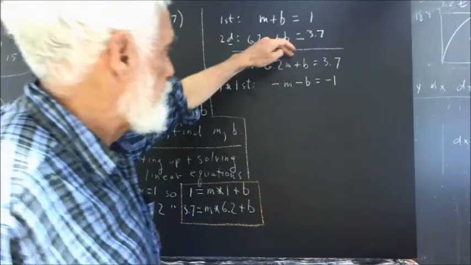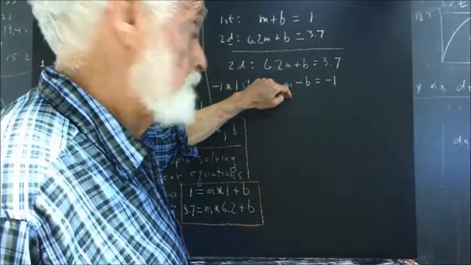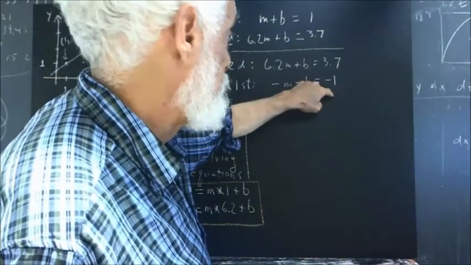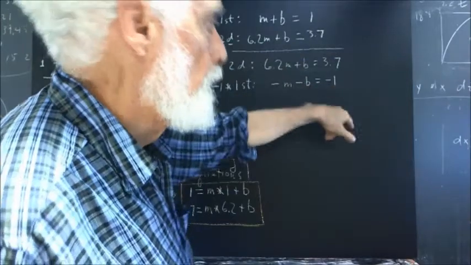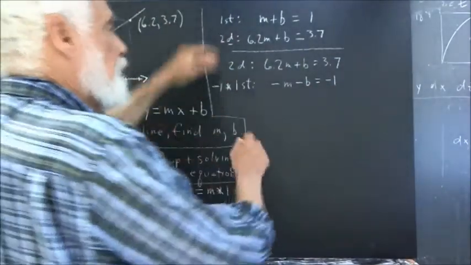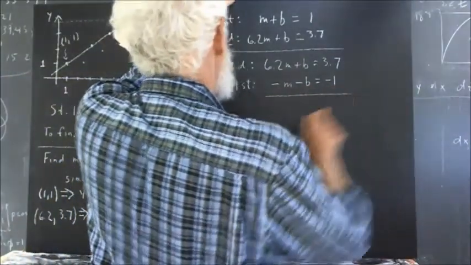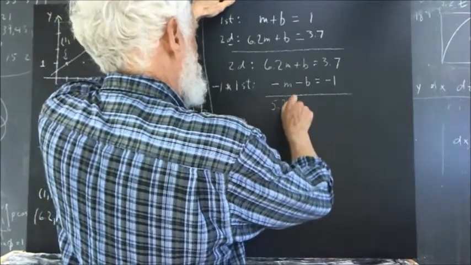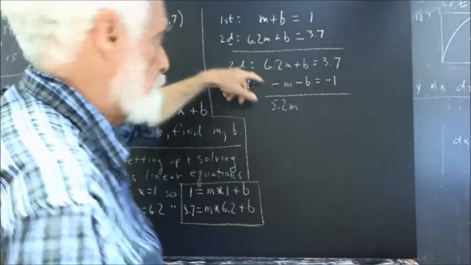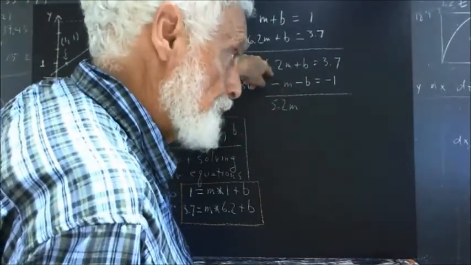Now, if I add this side and this side, since this equals this and this equals this, the sum of these sides has to equal the sum of these sides. So I can say that we get 5.2 times m, which is what we get if we subtract m from 6.2m.